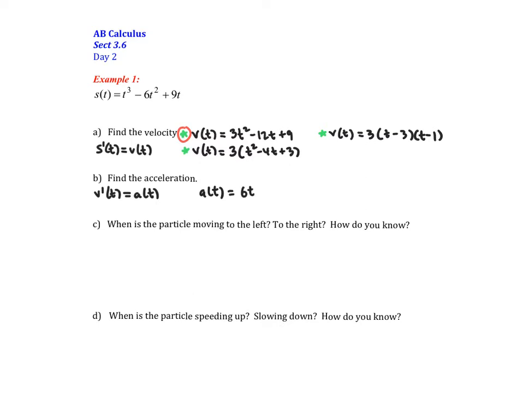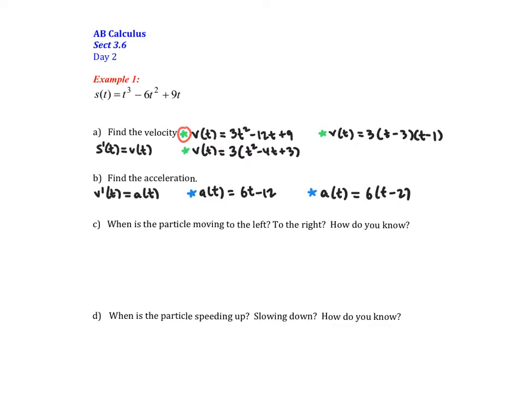And I'll get 6t minus 12. I'm actually going to factor that as well, just so I can see where my acceleration will be equal to 0. Again, either of these two forms would be fine for a of t. Total preference on your part, whatever you'd like to do.